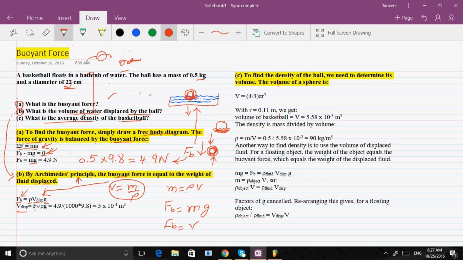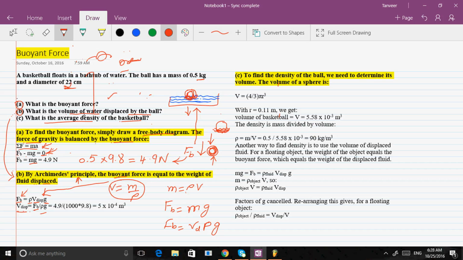We say the volume of the displaced water times density times gravitational force, Earth gravity. So when we apply this formula, the volume of displaced water equals the buoyant force divided by density times gravity.